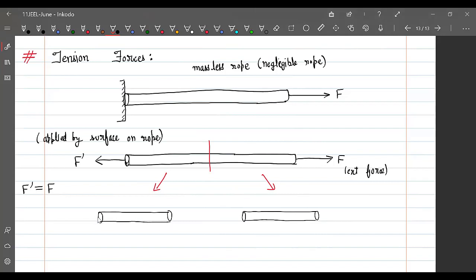The original external forces were F dash here and F here. So this F here must be balanced by some force that is inside the rope. That is called tension. The same goes for the other part: the force inside the rope, call it T.